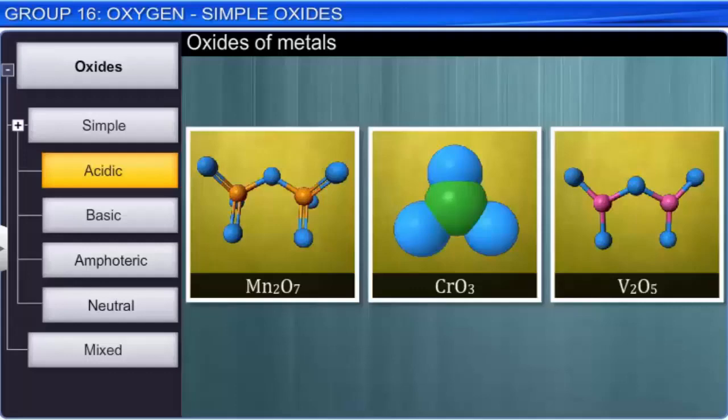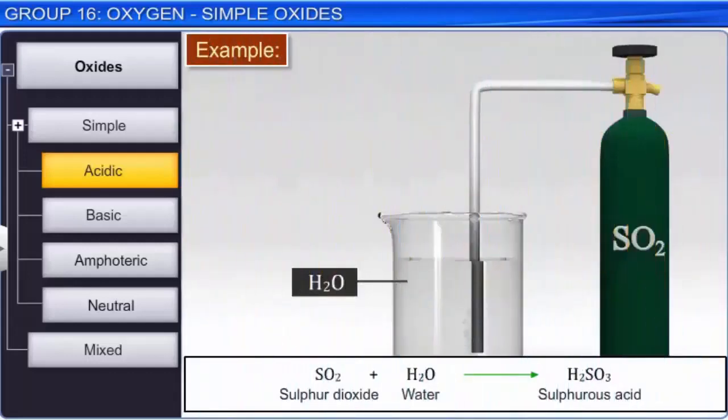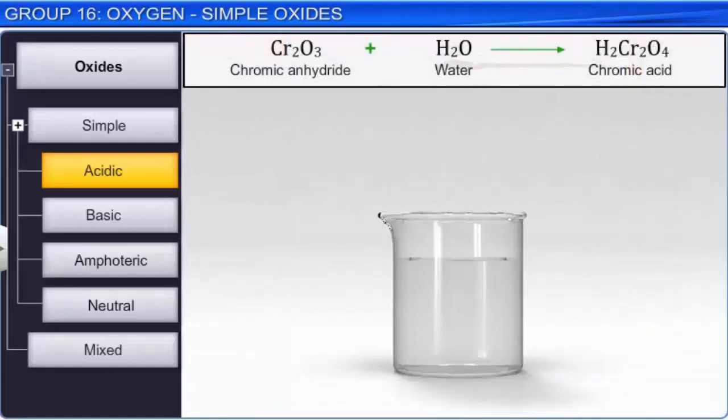For example, sulfur dioxide dissolves in water to give sulfurous acid. Similarly, chromic anhydride combines with water to give chromic acid.